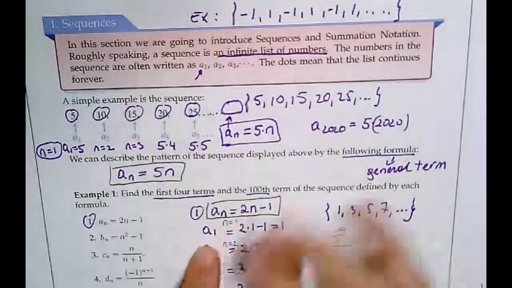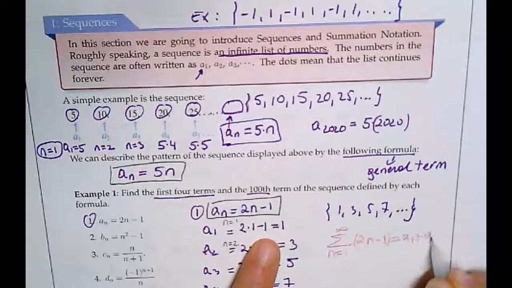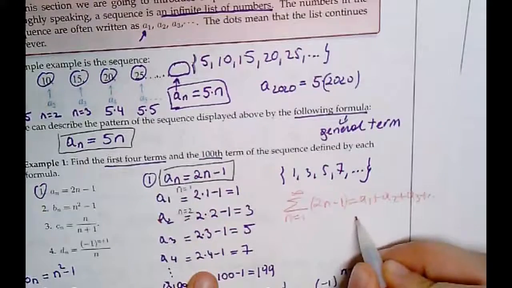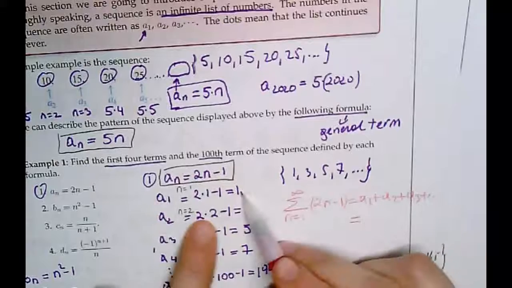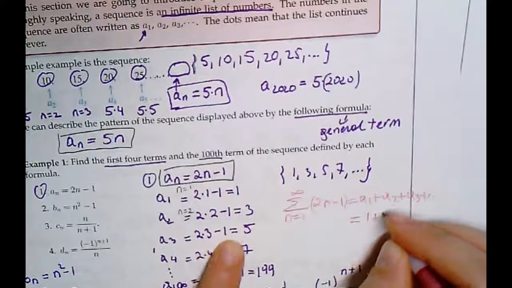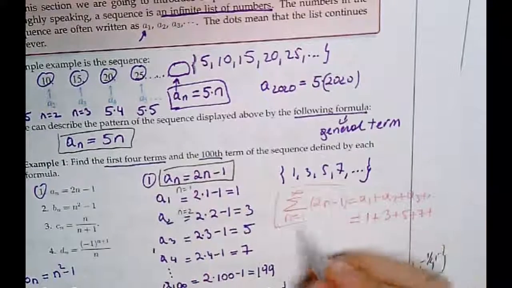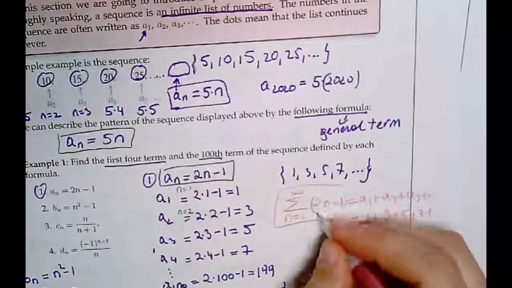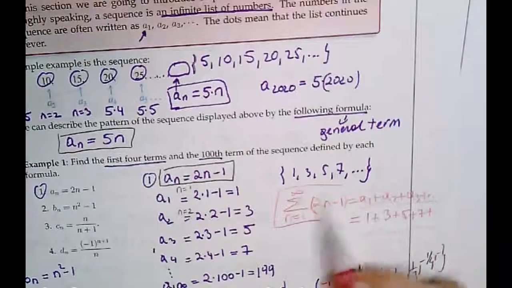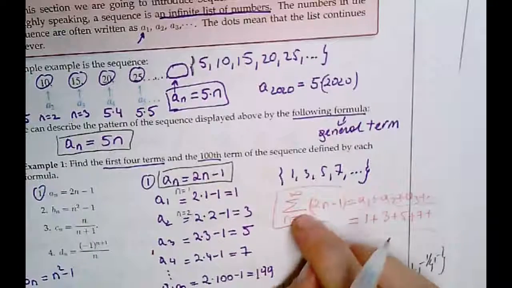So this would mean add a1 plus a2 plus a3 and so on. If I put in what a1 is, this will mean add 1. a1 was 1, plus a2 was 3, plus 5, plus 7, and so on. So sigma notation is a shortcut. I don't want to be writing all this or all this. I'll just say in a compact fashion, this series is this.